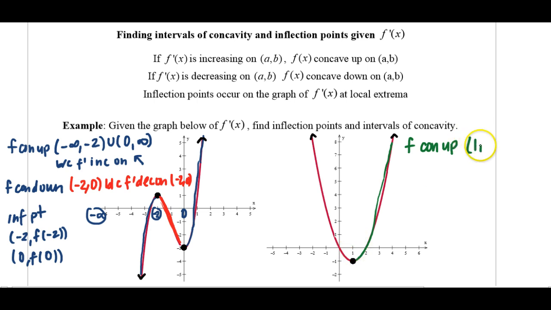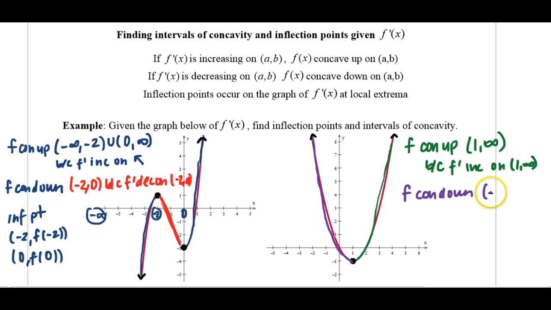So f is concave up from 1 to infinity because f prime is increasing on 1 to infinity. So that must mean that f is concave down from negative infinity up until an x value of 1, because f prime is decreasing on negative infinity to 1.